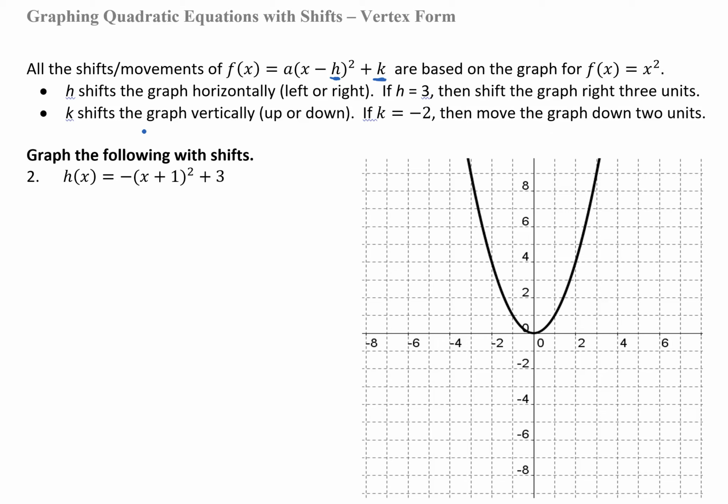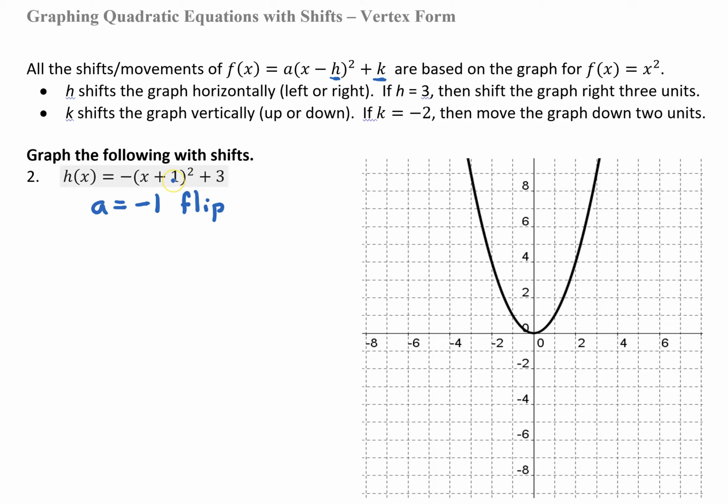Let's identify all our pieces in this function. h of x equals negative times the quantity x plus 1 squared plus 3. First, I'm going to identify that a equals -1. That tells me I'm going to flip my graph over the x-axis.